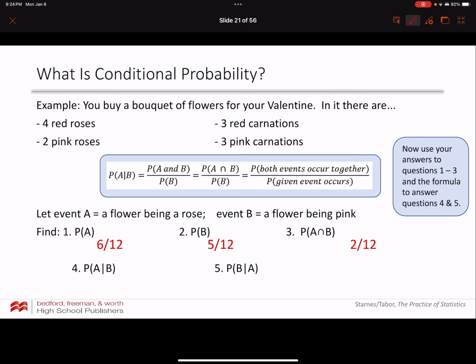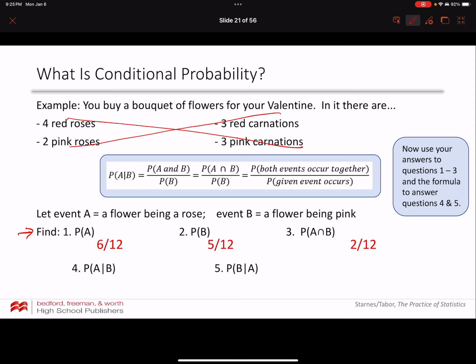Okay. So we're going to revisit this problem now. Instead of using the sample space, I'm going to ignore the sample space. What if I didn't give you the sample space? What if I only gave you the probability of A, the probability of B, and the probability of A and B, right?